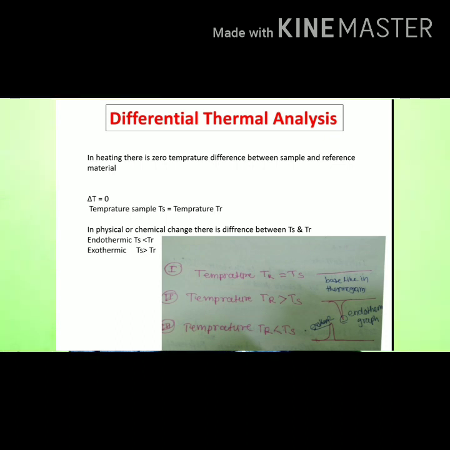Consider hydrated copper sulfate. When we heat copper sulfate, it is the same heating, but at about 100 degrees Celsius it loses water. At that time there is a physical change in the copper sulfate, so the temperature varies. Before 100 degrees Celsius, the temperature of the reference and our sample, copper sulfate, is the same, that is del T is equal to 0. But if any reaction takes place, a temperature difference del T occurs between sample and reference material.